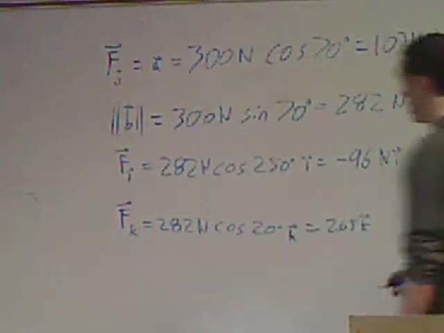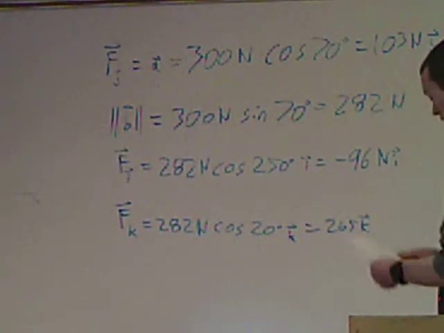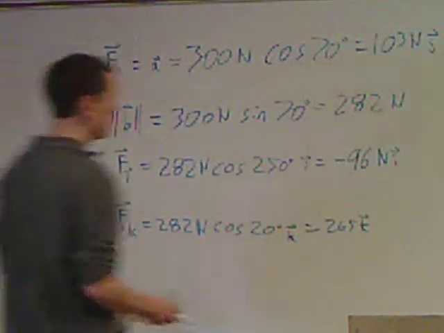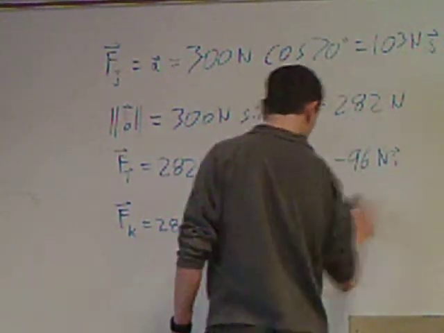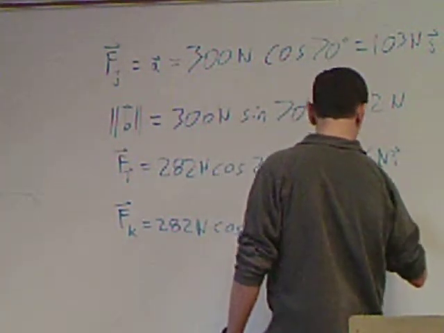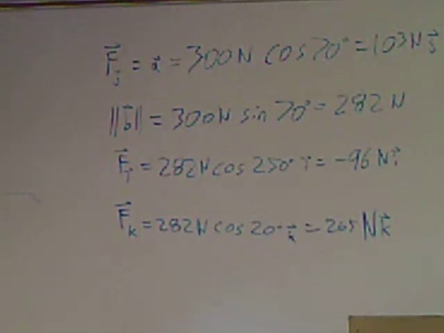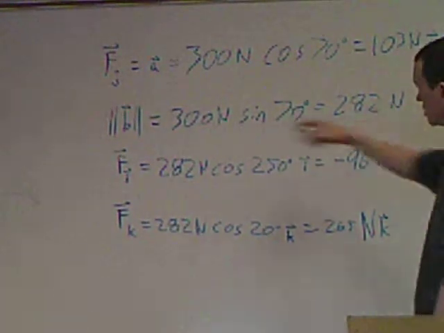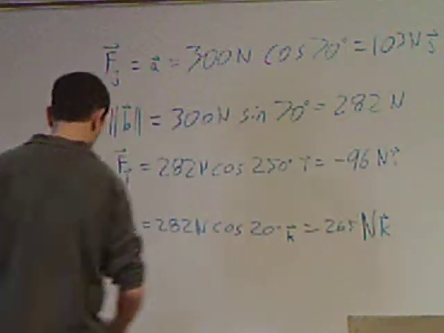Okay. And so this is our vector F, 265 newtons in the K direction. This one didn't have a vector, this is just a magnitude. So if we want to have F, we write F out.